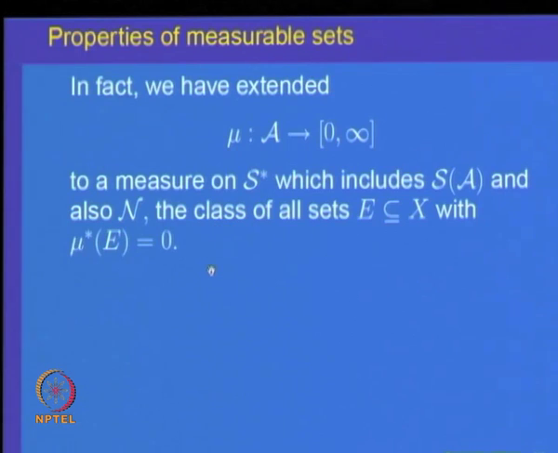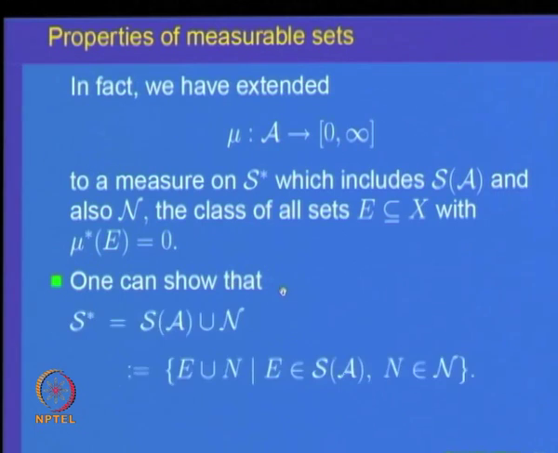So, let us denote the sigma algebra generated by S of A and the null sets by a new name. So, what we are saying is one can show that this S star, the class of all outer measurable sets, which is a sigma algebra, includes S of A, and it also includes N.